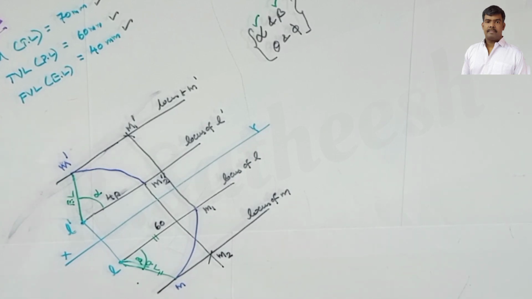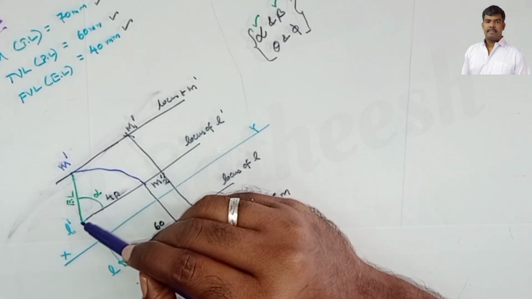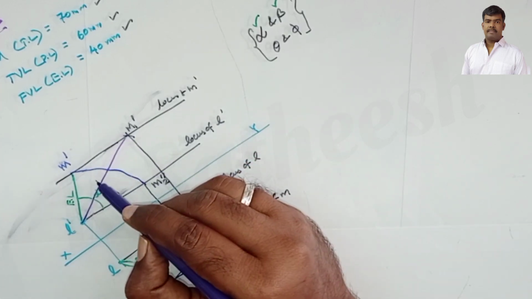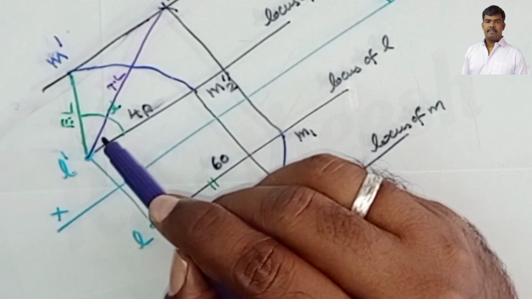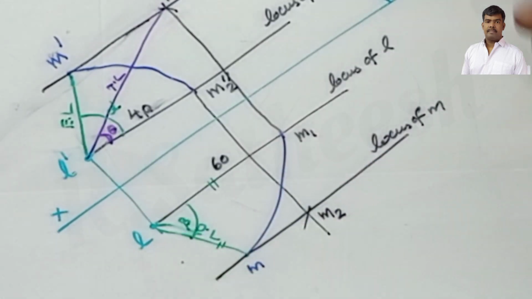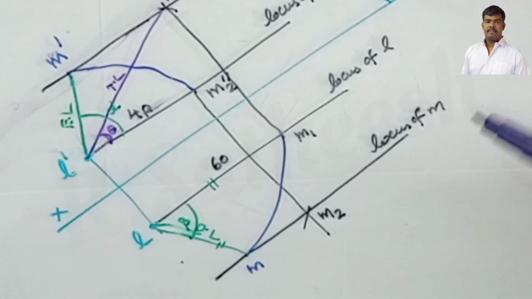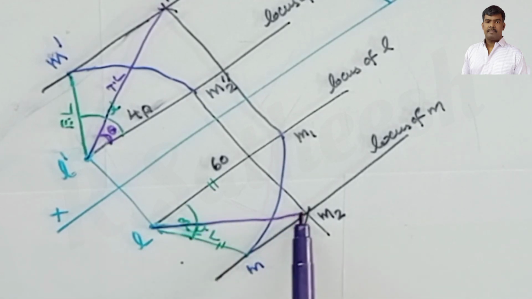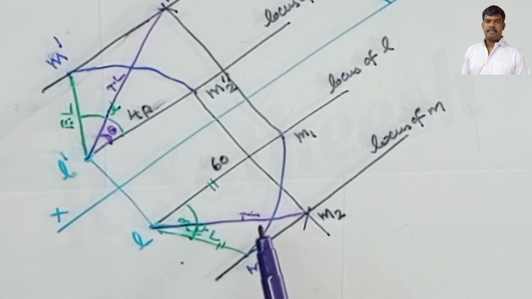Similarly, the line joining L dash and M1 dash is the true length, 70 mm. This angle is theta. Mark it; we get the theta value. Similarly, the line joining L and M2 is also the true length, equal to 70 as per the given value.